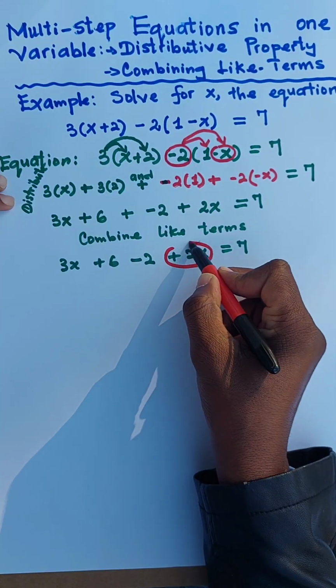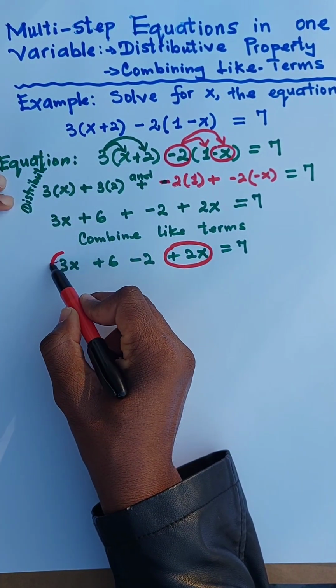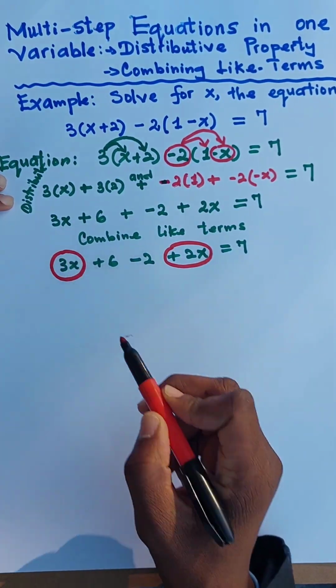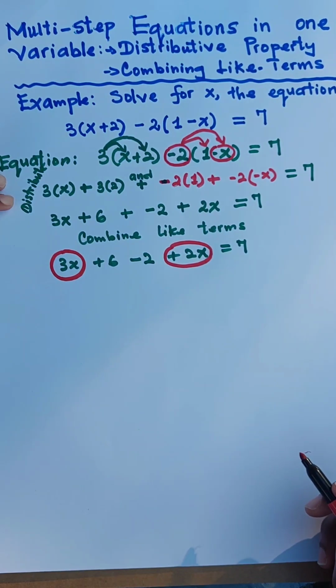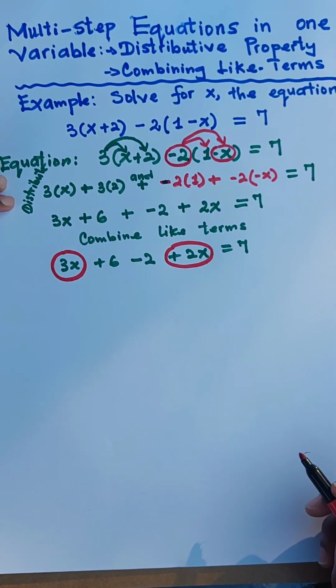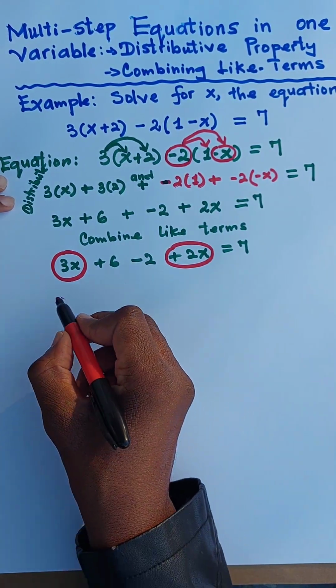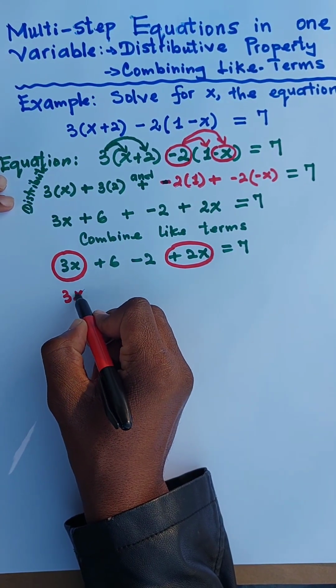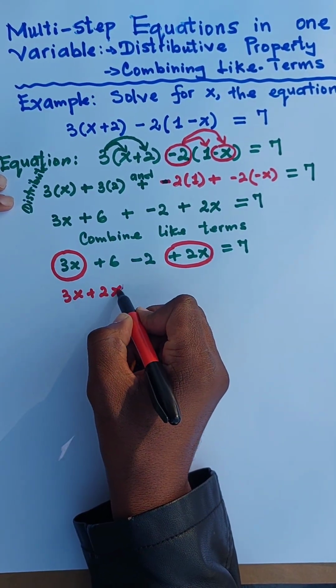This positive 2x here is a family member to this 3x, and their last name is x. They both have that last name x. So they are like terms. Let's write them next to each other. So it will look like 3x plus 2x.